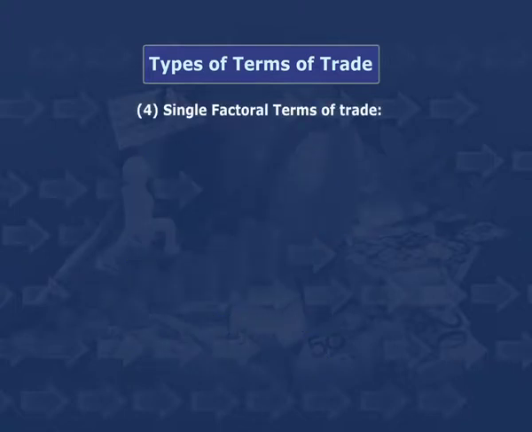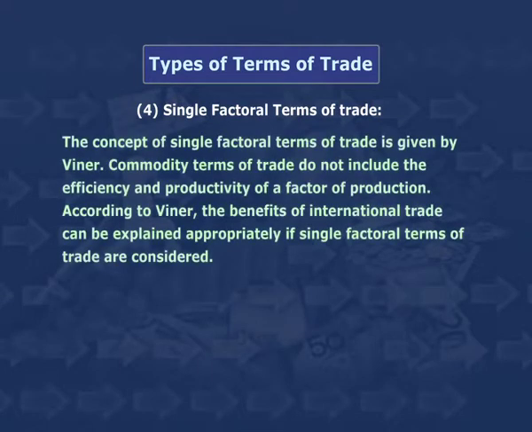Let us now look at single factorial terms of trade. The concept of single factorial terms of trade is given by Viner. Commodity terms of trade do not include the efficiency and productivity of a factor of production. According to Viner, the benefits of international trade can be explained appropriately if single factorial terms of trade are considered.